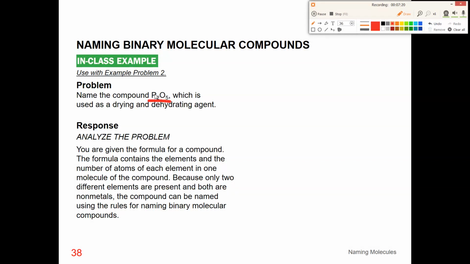First thing, figure out the name of the elements. Don't worry about the number. For the first element, just use the name of the element. In this case, just use phosphorus. For the second element, you need to change the ending to IDE. So oxygen, you change to oxide.